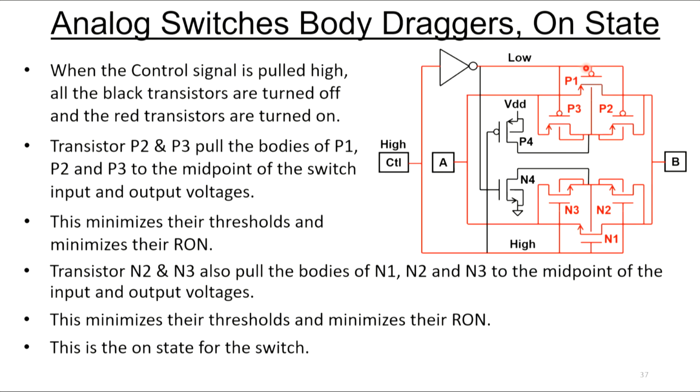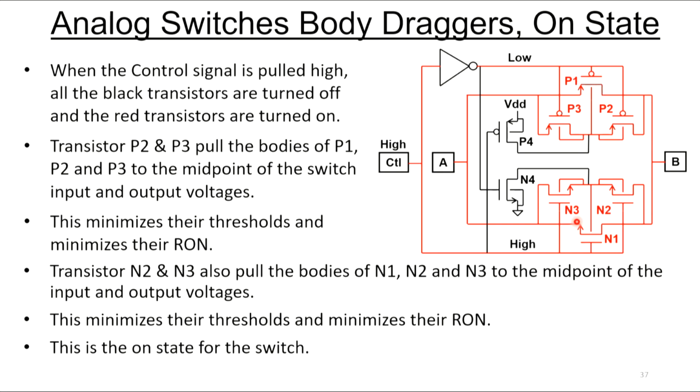Well, if the switch P1 is on, the two sides of the switch are going to be almost at the same voltage. So really what we're doing is we're tying the body to the source. And that drives the threshold down as low as we can get it to get the R on as low as we can get this device.